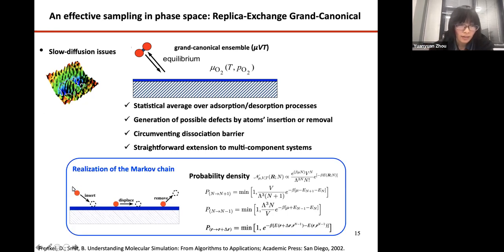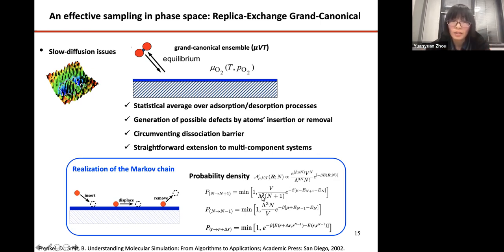This is simply how we realize the Grand-Canonical Monte Carlo. The main part is to insert a molecule or an atom at a position on the surface, or randomly select an atom or molecule already adsorbed on the surface and attempt to remove it. The probability density of the Grand-Canonical ensemble is well defined, so it is in these equations.